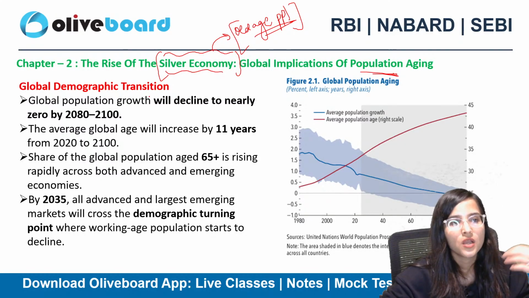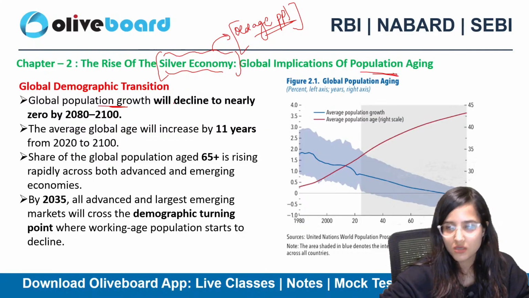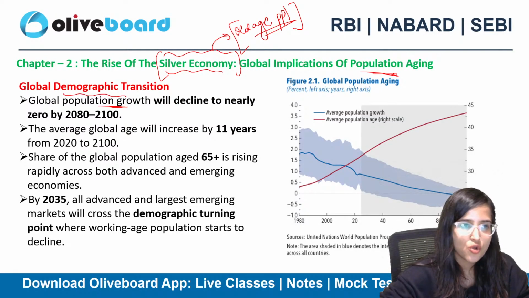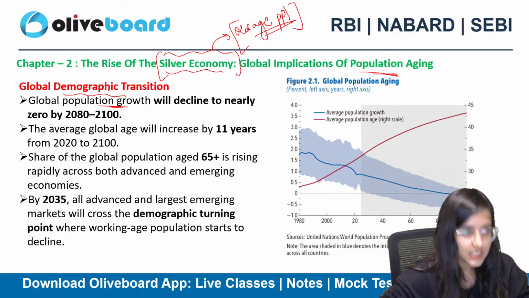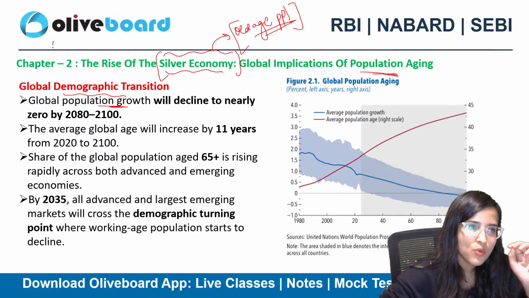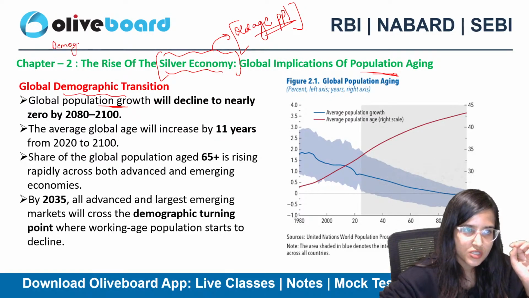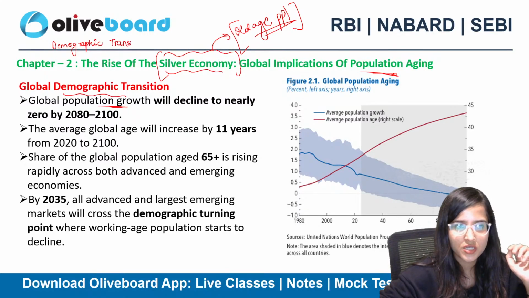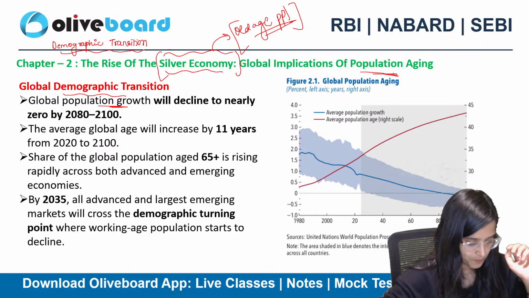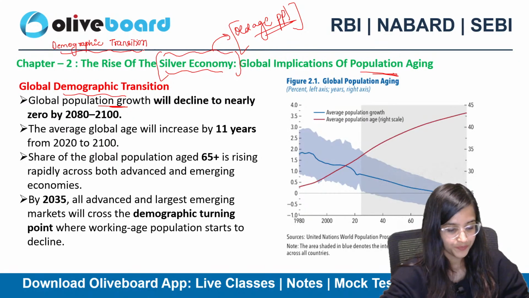Fine. Now this global population, what they are saying is, they are talking about this global demographic transition. ठीक है, so who's going to tell me what is demographic transition? Have you heard about demographic transition theories? Theories of demographic transition? Anyone? Anyone?